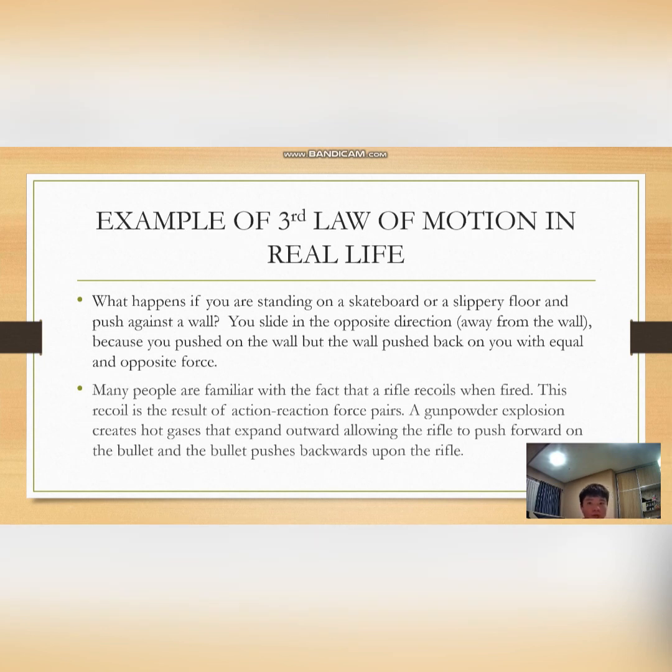Example of the third law of motion in real life: what happens if you are standing on a skateboard or a slippery floor and push against the wall? You will slide in the opposite direction away from the wall, because you push on the wall, but the wall pushes back on you with equal and opposite force.